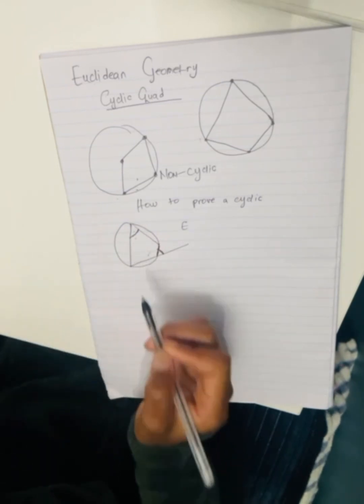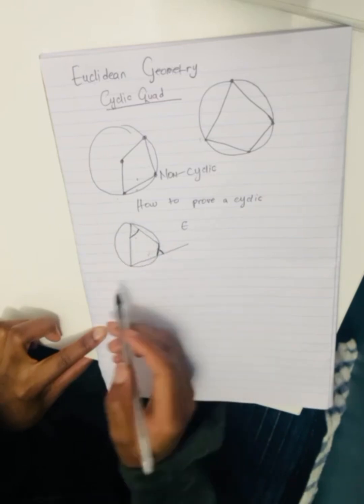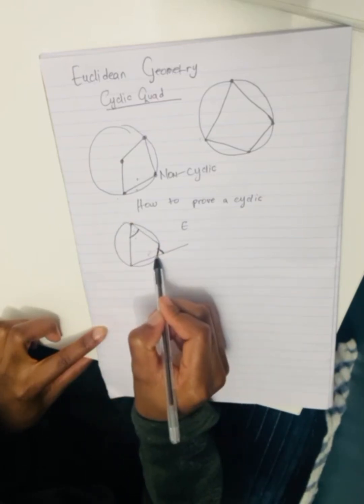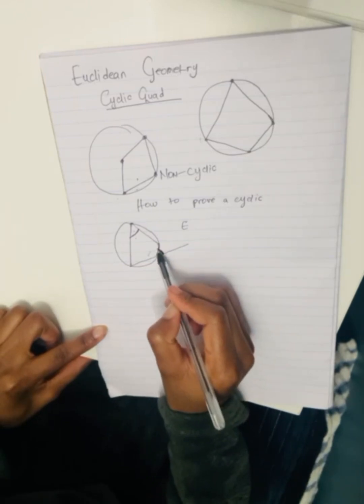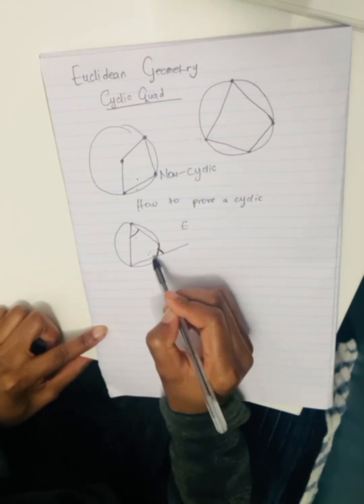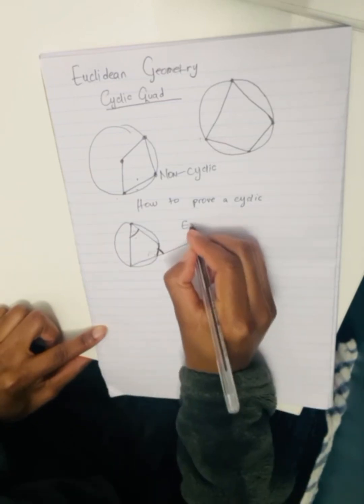To make sure that it's a cyclic quad, you must check if it touches the circumference 4 times: 1, 2, 3, 4. So it's a cyclic quad. And how do you prove it? You check, this is the exterior angle of a cyclic quad that's equal to the interior opposite angle.